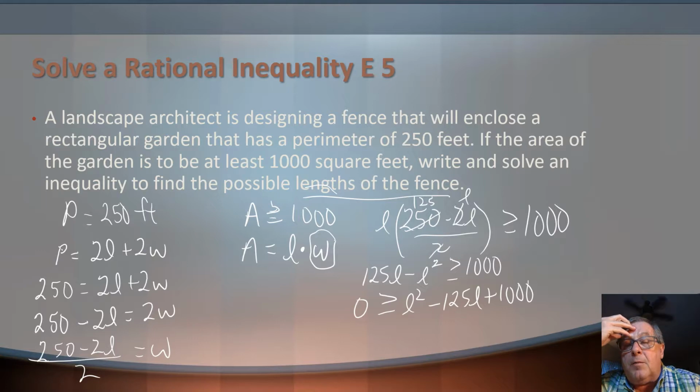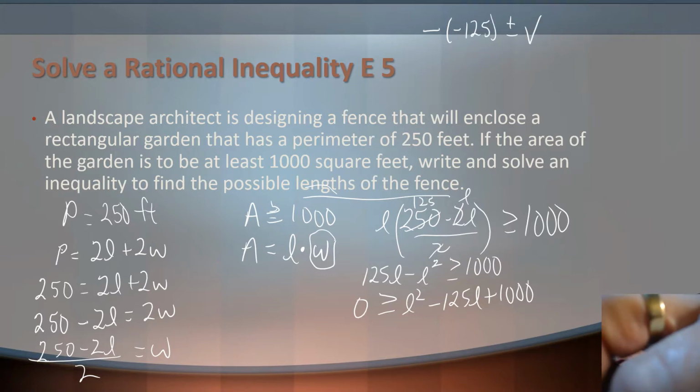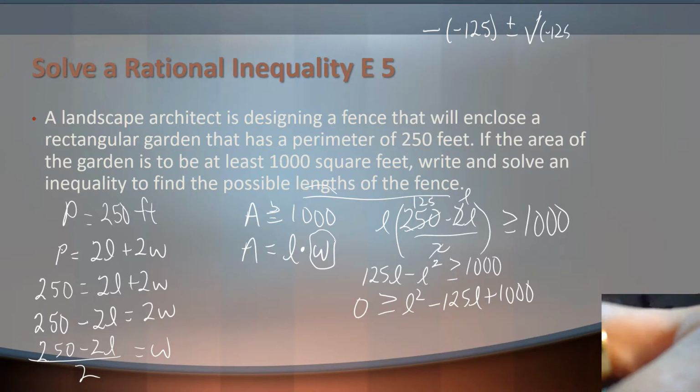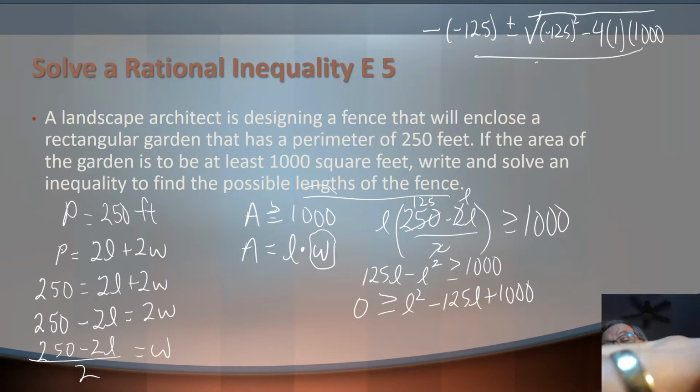And with those kind of numbers, something tells me anyway, I might want to use the quadratic formula. So let's say we've got negative b, or negative negative 125, plus or minus the square root of negative 125 squared minus 4 times 1 times 1,000, all over 2.